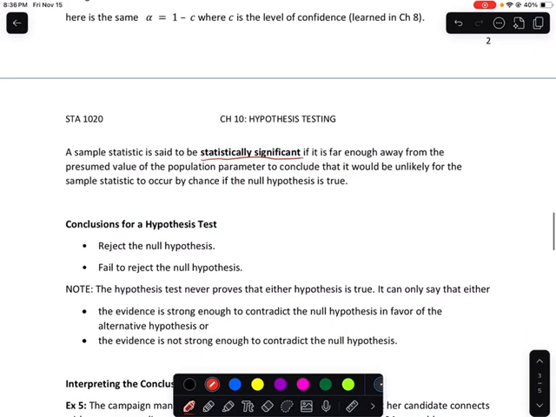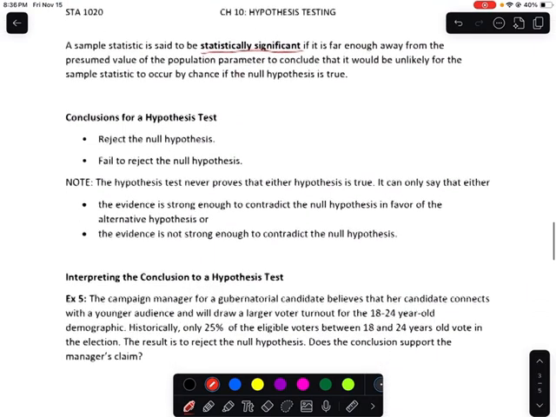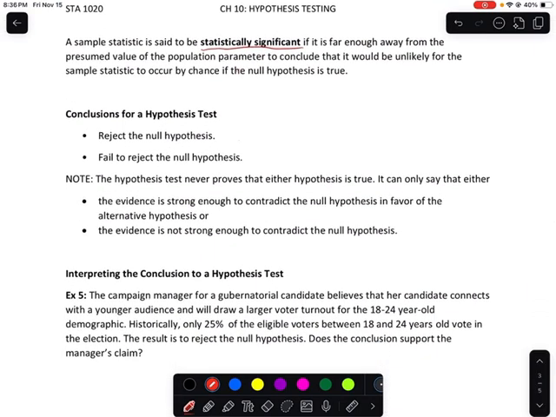Conclusion for a hypothesis. So what is the conclusion? These are the two conclusions, and you will use one of them. One is reject the null hypothesis. It means you found evidence that suggests the null hypothesis is not true. So we will reject the null hypothesis.